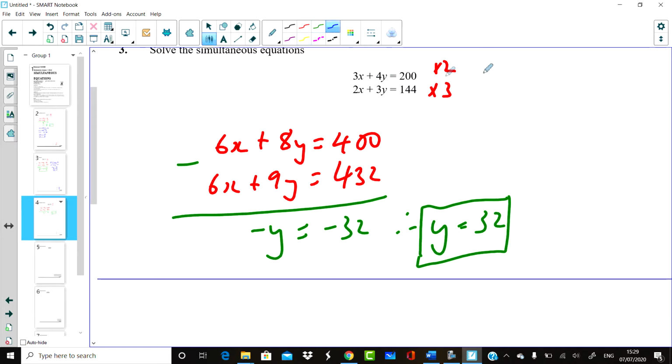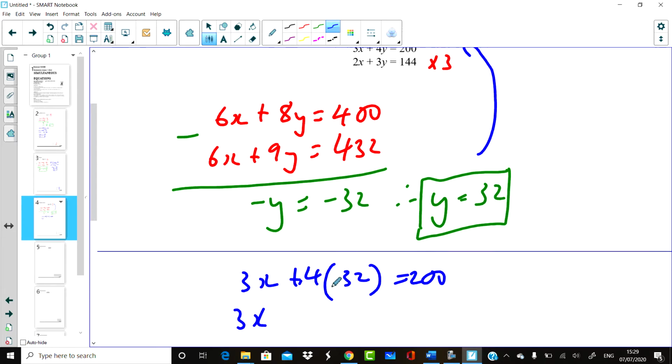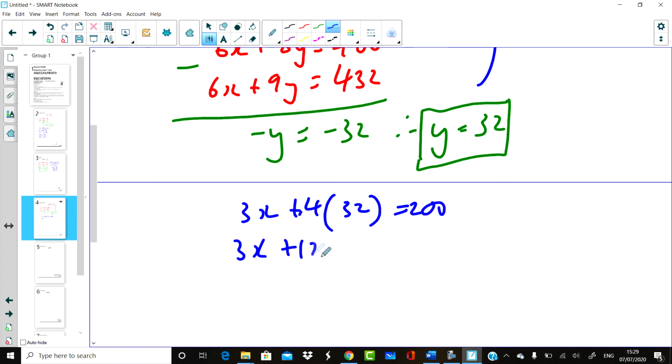So if we sub that back into there, what we're going to get is, well, we have 3x plus 4y, so 4, and we know y is 32, and that's equal to 200. So now we have 3x, well, 4 times 32, that's just going to give us 128. So we have plus 128, and that's 200.